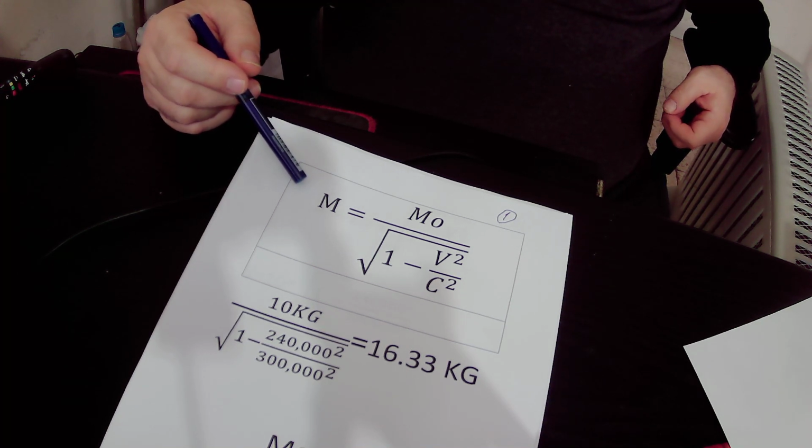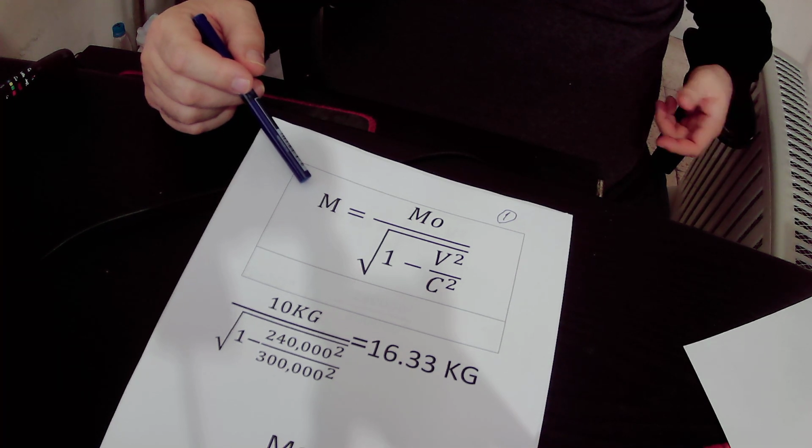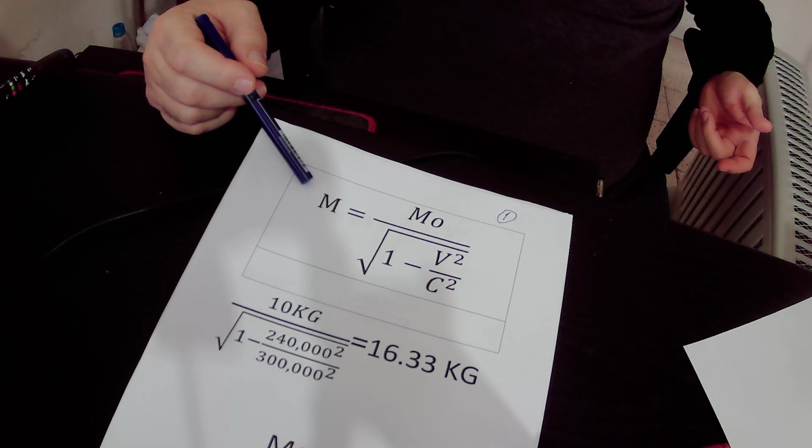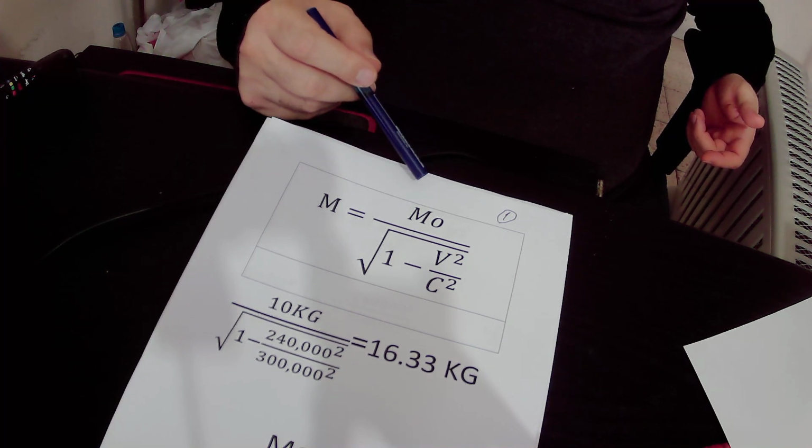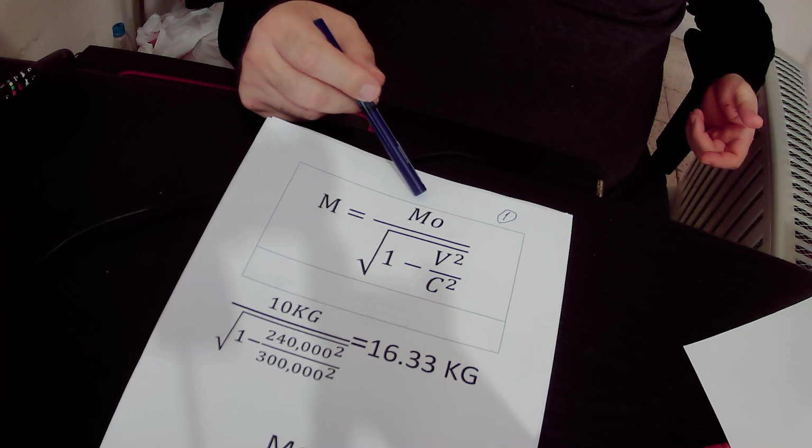So m is the mass of the object, or of the twin brother for example, that flies in the spaceship at very high speed. And m naught is the rest mass, that is to say, the mass of the object or the man on Earth when he is not moving at all.